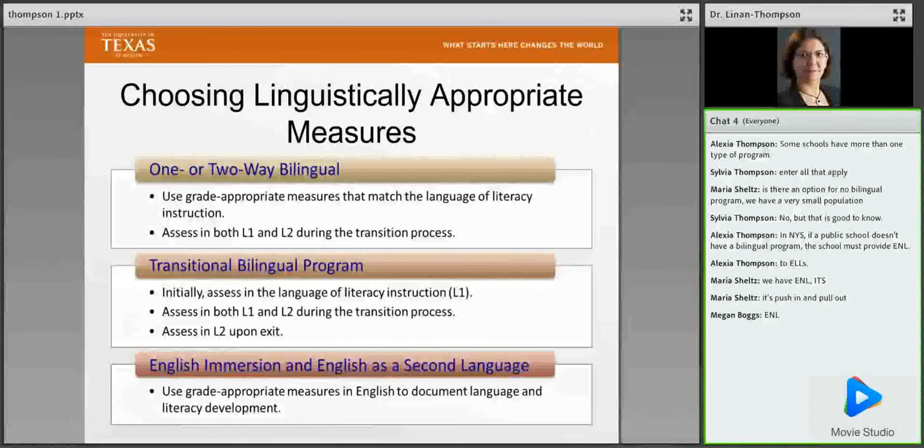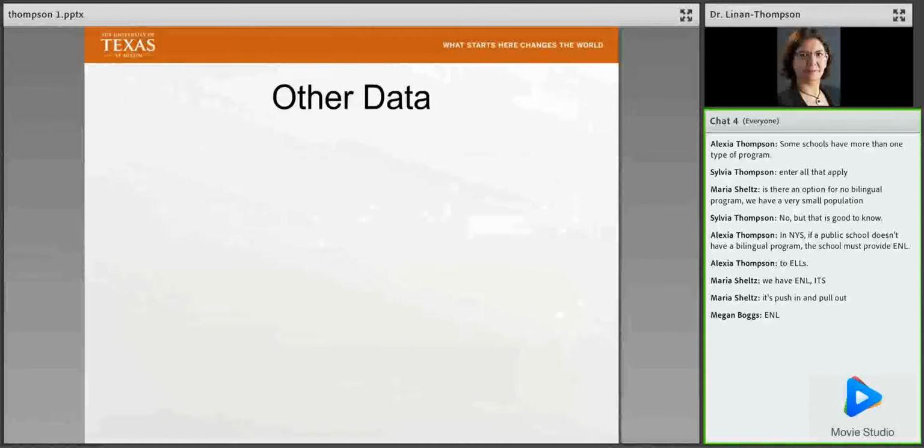And then, you see those kids that are low in both languages. Again, that's an indication that this is a child that needs more support. And they're likely to have a disability if they're not making progress in either language. And if you're doing English as a second language, then obviously you're only going to be using English because children don't have the opportunity to learn in their first language. So again, that rate of growth is going to be important.